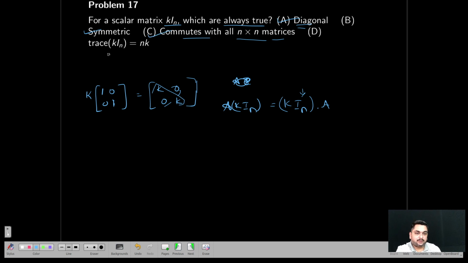Then trace of K In equal to n into K. If I take K 1 0 0 1, what is the n value here? This will be equal to K into the trace of this matrix, which is 2, the sum of these diagonal elements. In a 2 cross 2 matrix, I have 2 diagonal elements. If it is an n cross n matrix, I will have n diagonal elements, that is K into n. This is also true.